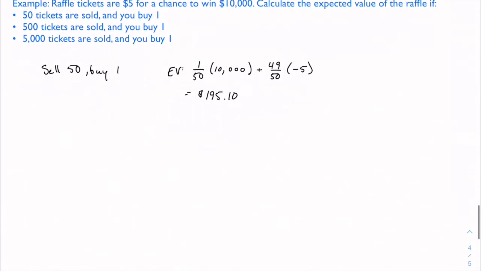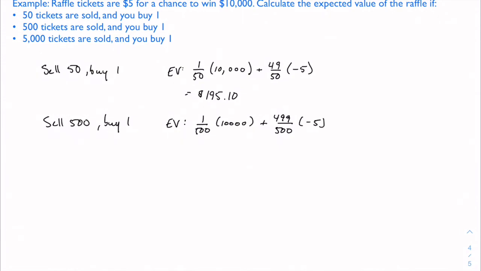So let's see what happens if I sell 500 and buy one. Now there's a 1 in 500 chance of me winning, and 499 in 500 chances that I don't. So I put this in my calculator again, and I'm going to come out with an expected value of 15.01.